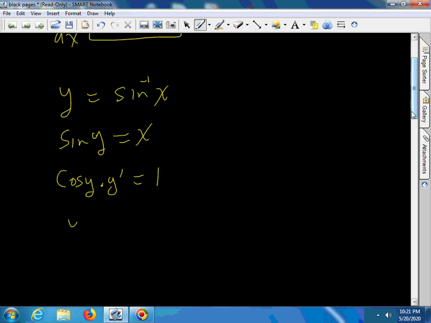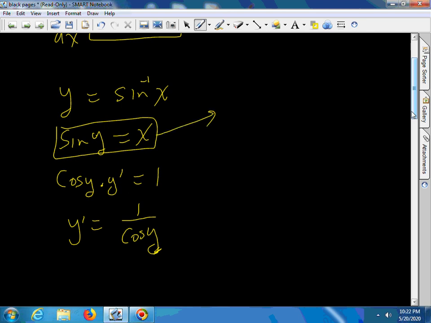So, y prime is equal to 1 over cosine y. And this is true, but it'll be better if I had y prime not in terms of y, but in terms of x. Well, this here gives me a triangle.